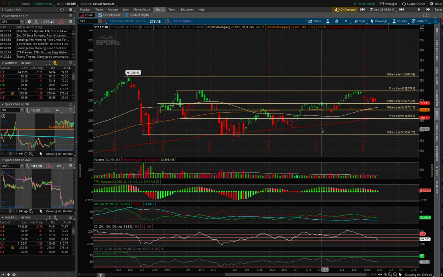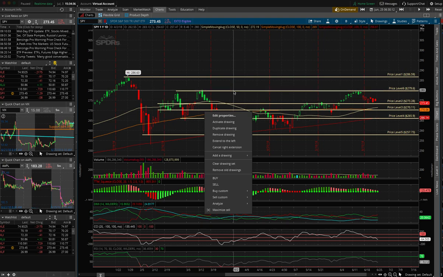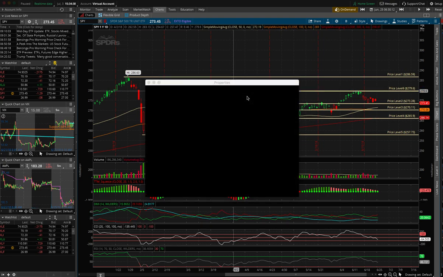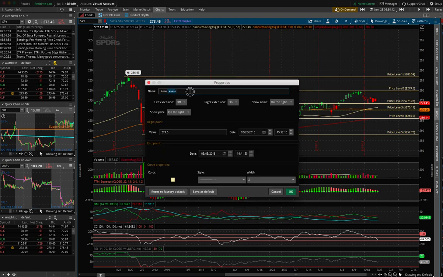So now, how can we use these to make money? Well, very simple. You identify your support and resistance lines, and you can edit these. Edit properties, and you say resistance.